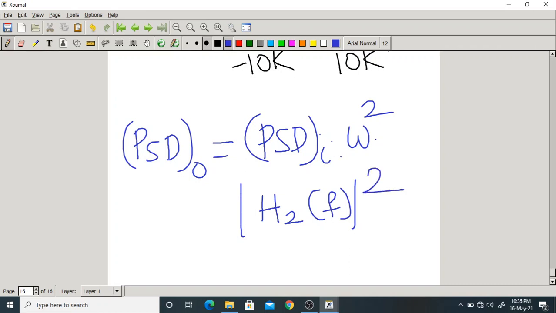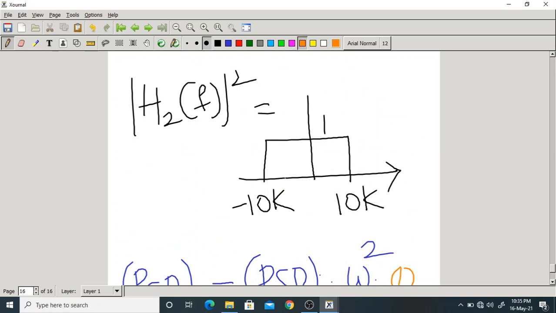Isn't it? This is the first system, this is the second system. But what is H2 of f whole square? It is this low pass filter.